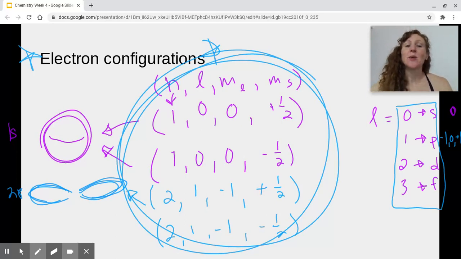But this way, you will have seen the information once, you will have experienced it once, you'll have some semblance and reason of where it came from, and when you encounter it in the future, it'll ring a bell. You'll be like, oh yeah, I talked about that once before. I know this, I can do this. So hopefully it sets you up for success now and in the future. So you're welcome. Okay, let's talk about electron configurations.